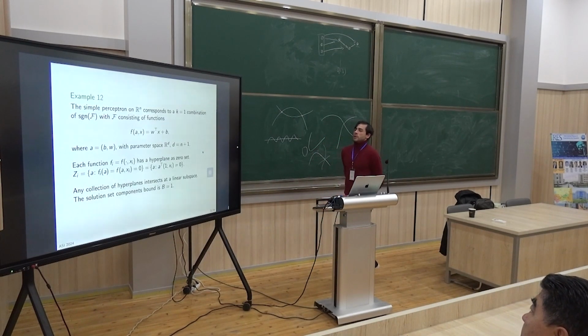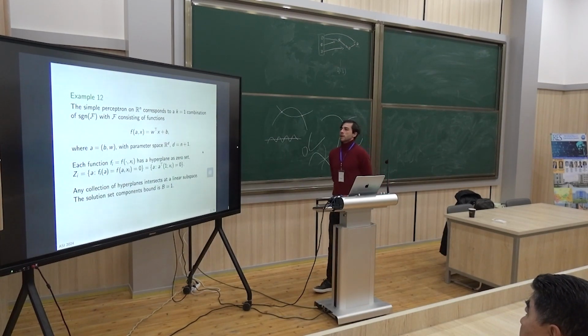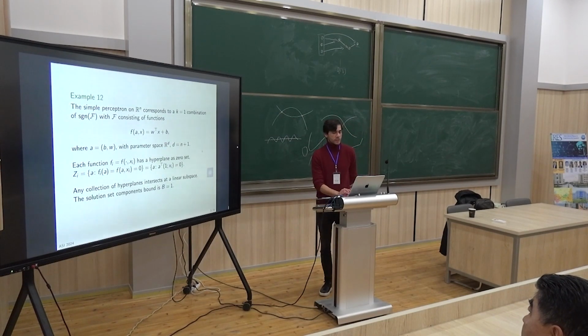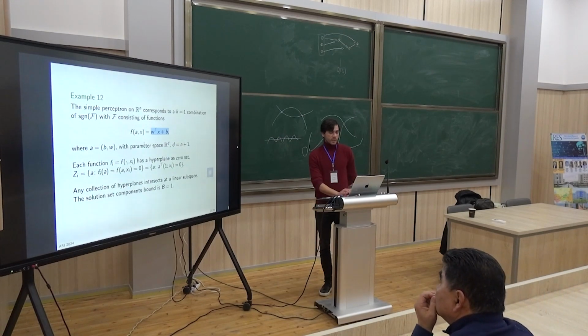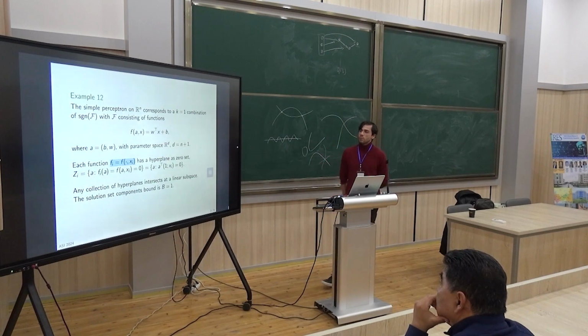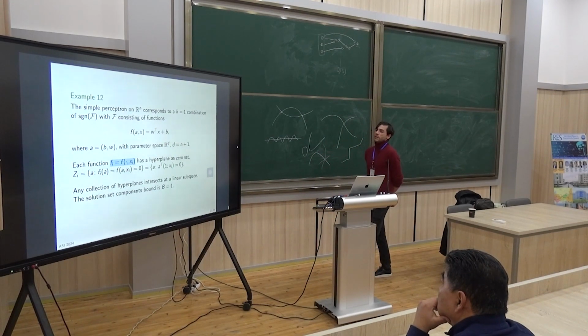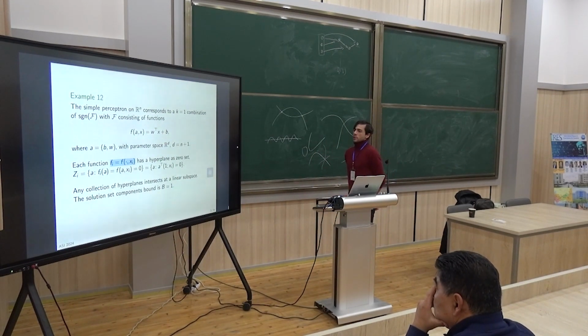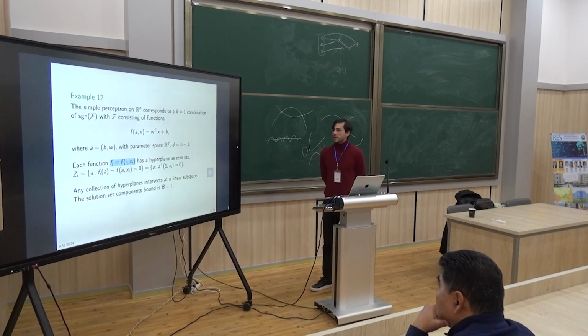Simple example, with a simple perceptron, this corresponds to the case where we have a k equals 1 combination of signs of f, with f being just affine functions or affine linear functions. So compute an affine function, and then in this case, each f_i, we want to define them as being the computation over the parameters for a fixed input data point.